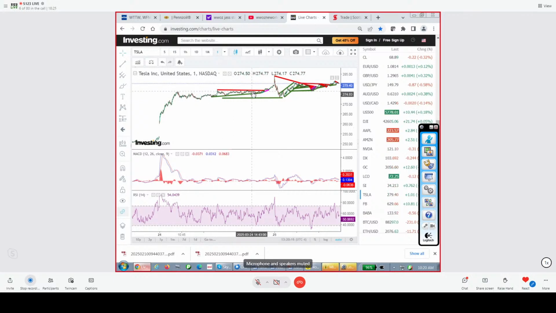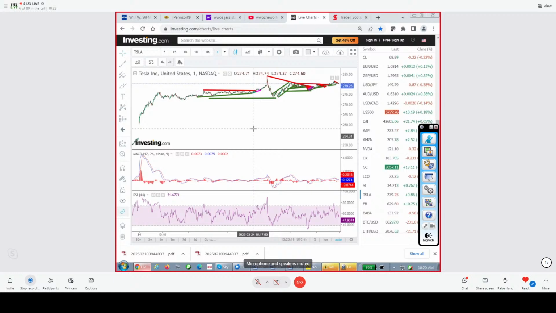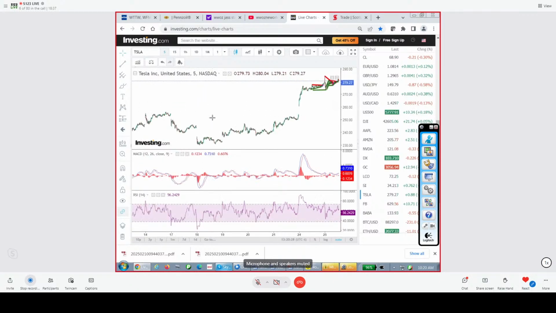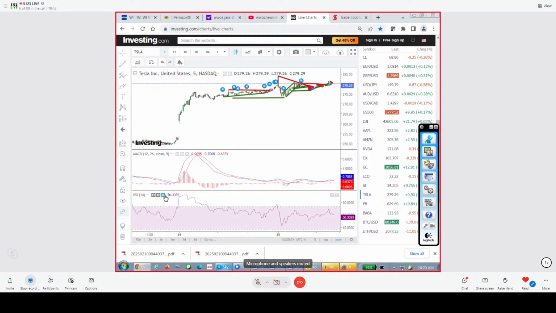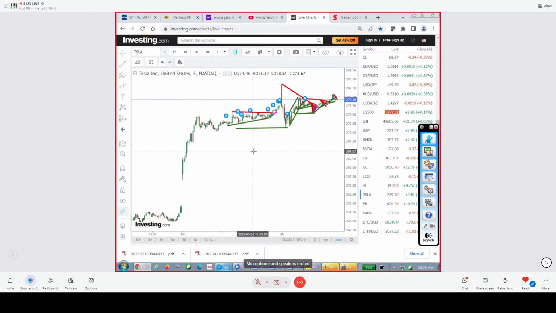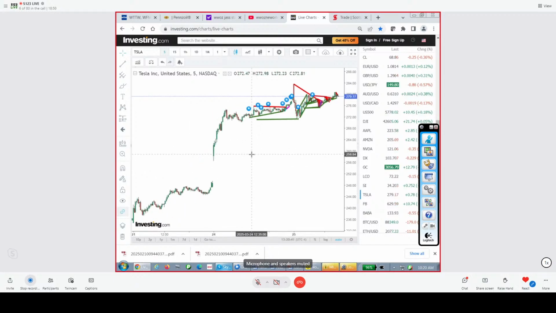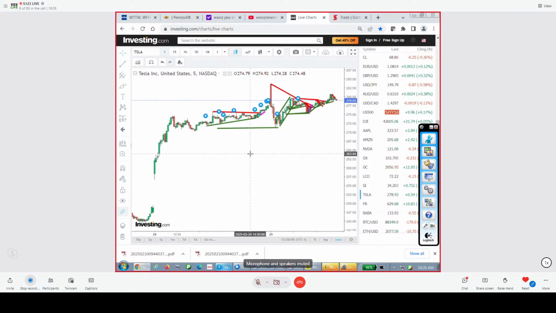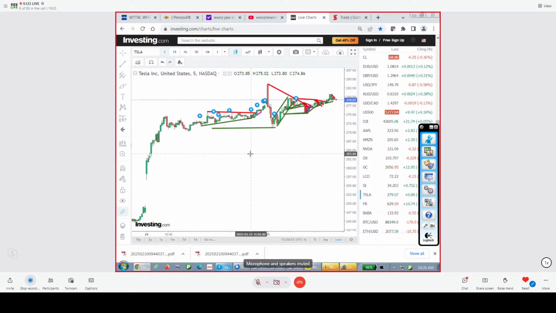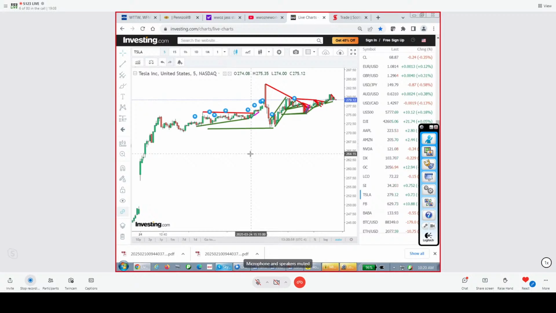Sorry, Peter. May I just suggest something? You're seeing it fine for yourself, but when you show it, it's very tiny for us. So you might want to consider shrinking down your indicators and giving us more chart. You don't have to kill them. Is that better? Yeah, and then making it bigger so that we can see what you're referring to. I'm not sure how to make it bigger. Keep increasing the size.